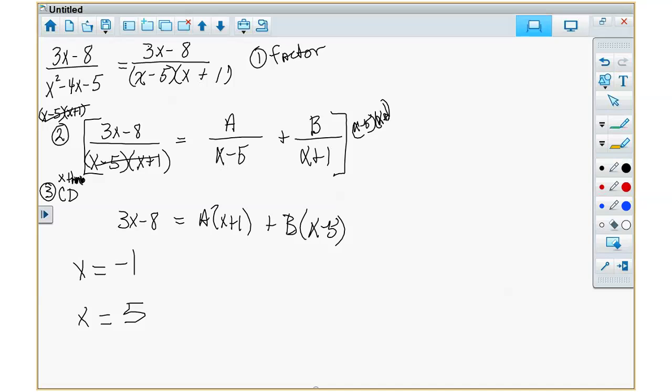Plug in x is equal to 5 and solve. You'll find out when you plug in.